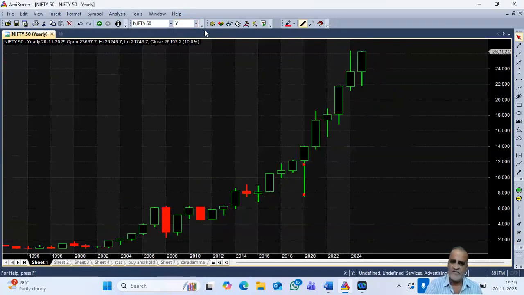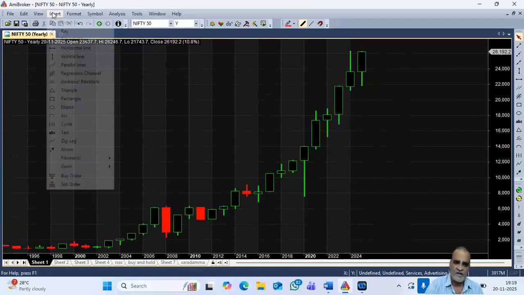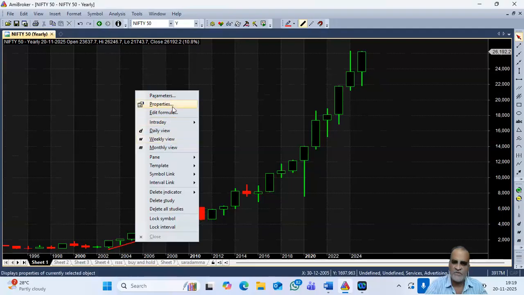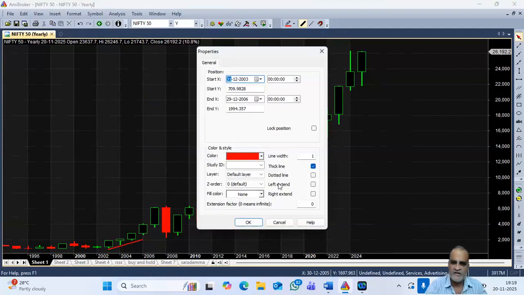Now you can see lesser and lesser fluctuations you can notice. In the same way, we can also place the trend lines. Here the base, 1, 2, 3. And I will extend this to right.